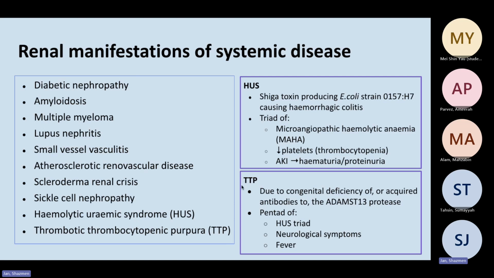And then you have TTP, or thrombotic thrombocytopenic purpura, and this is basically when there's either a congenital deficiency of the ADAMTS13 protease, or if the body produces antibodies to this protein.